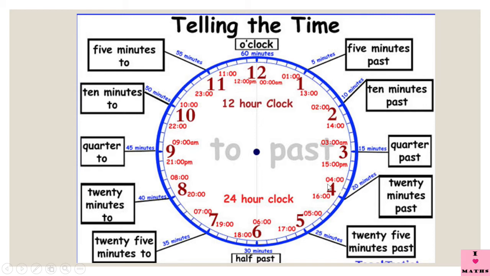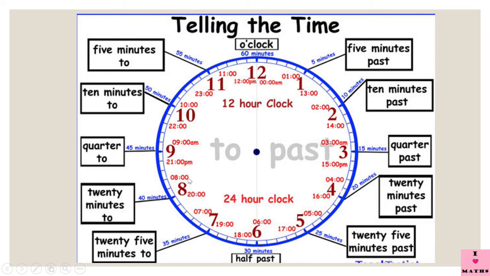Same way children, 4 o'clock in the evening is the 16th hour of a day, so it is written as 1600 hours. 5 o'clock in the evening is the 17th hour of the day, so we write it as 1700 hours, and so on.